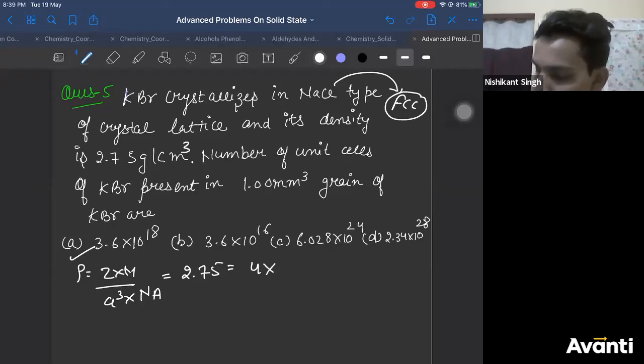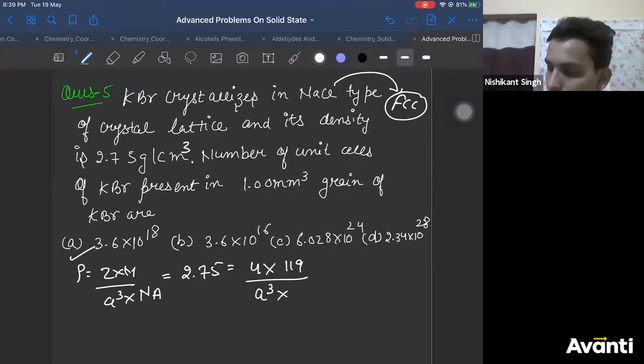Molar mass of KBr is 119.82. Now from here you calculate A cube. Do not calculate A. Find the volume of unit cell, A cube Na. The value of A cube here you will get in gram per centimeter cube because density is in gram per centimeter cube. So A cube value comes out to be 2.8 into 10 power minus 22 centimeter cube.